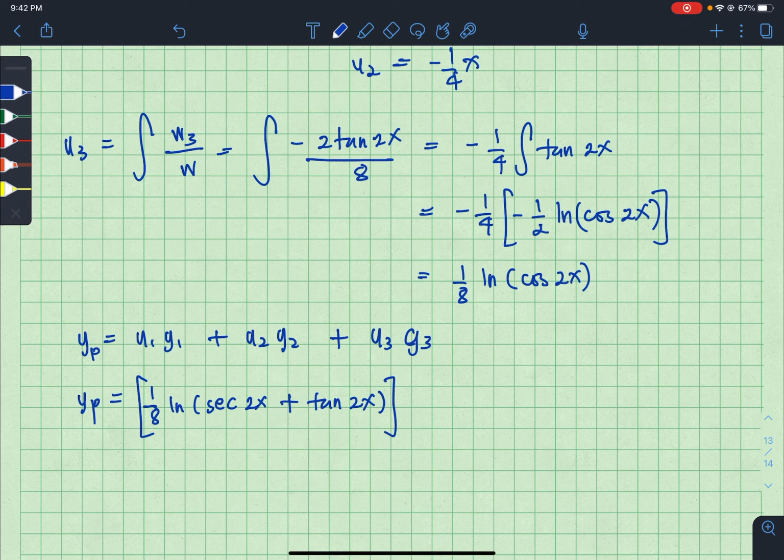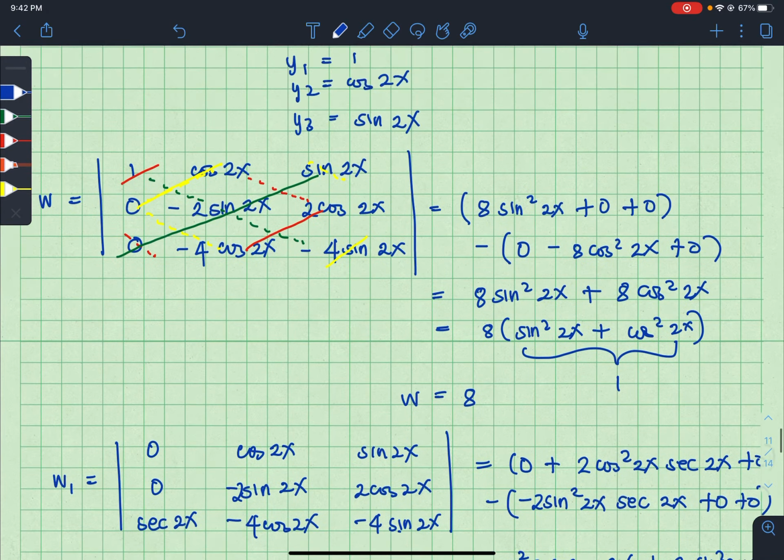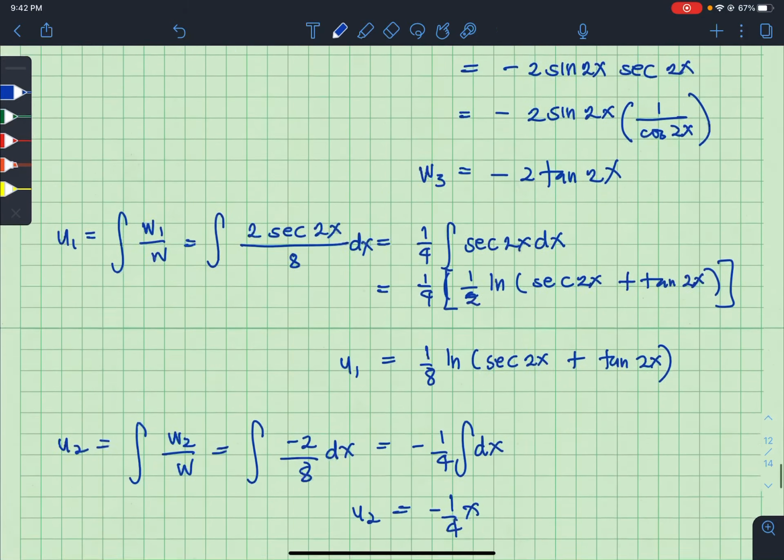Our y sub 1 is just 1. Then u sub 2 is minus 1/4 x, and our y sub 2 is cosine 2x.